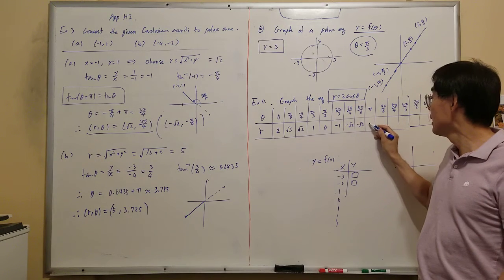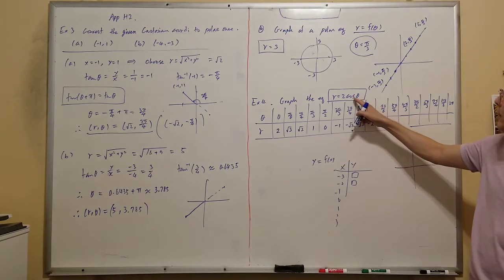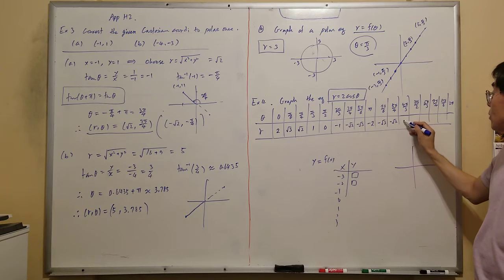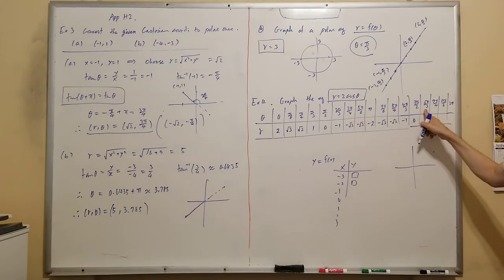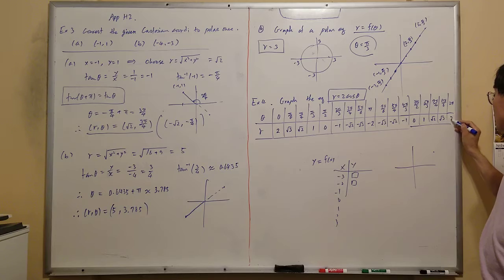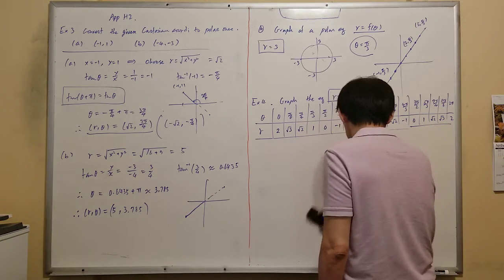Minus square root of 3. And minus 2. And then later, this is minus square root of 3 over 2, so minus square root of 3. Minus square root of 2. Minus 1. 0. And then cosine 5 pi over 3 is 1/2, so 1, back to 2, right?